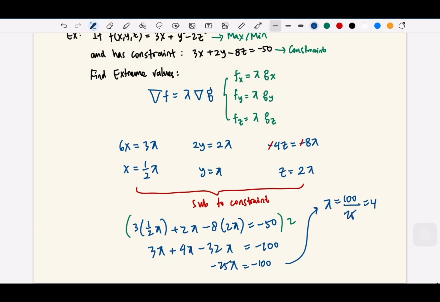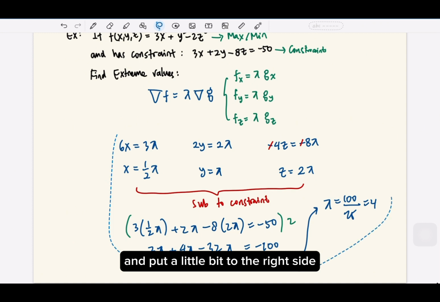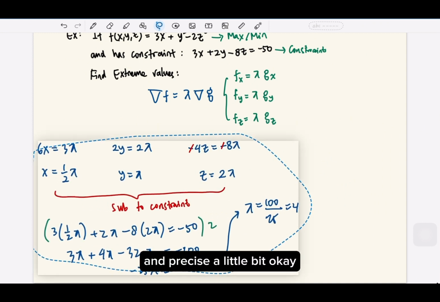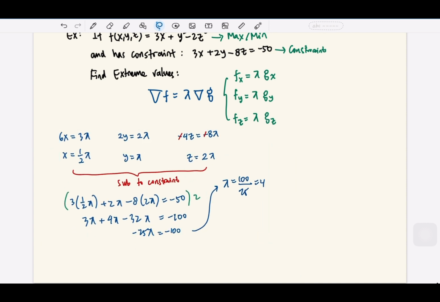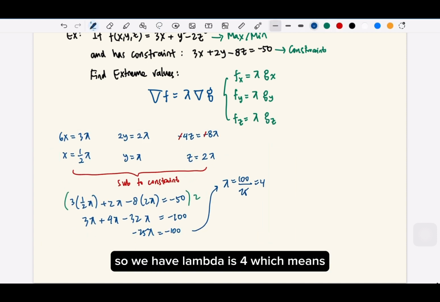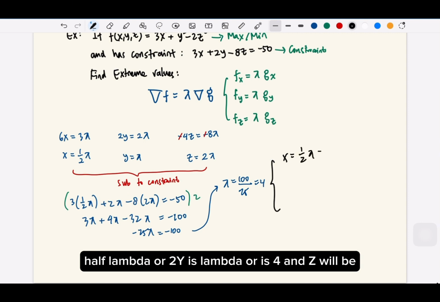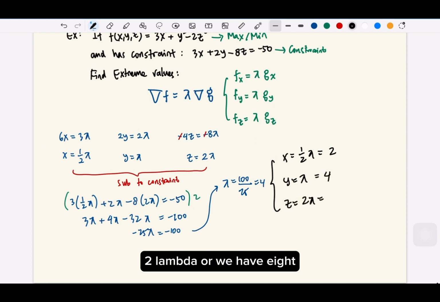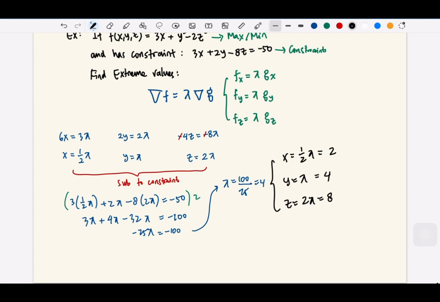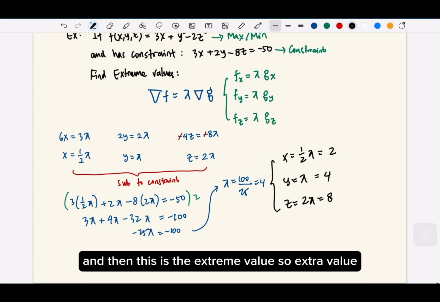Let me put a little bit to the right side and resize a little bit. So we have lambda is 4, which means from this lambda we can get x is half lambda, or 2, y is lambda, or 4, and z will be 2 lambda, or 8. And then this is the extreme value.